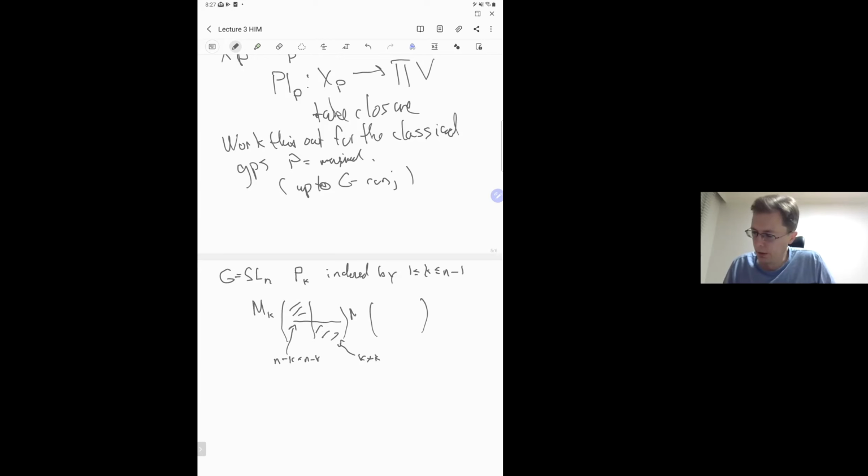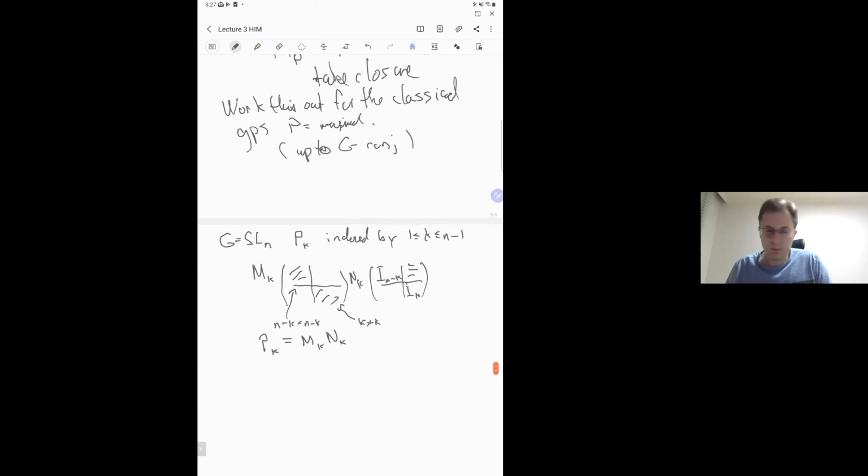And then my N_k is everything that's got junk up in the top right corner. And then P_k, as always, is M_k N_k. The fancy way of saying it is N_k is the unipotent radical of this thing, and then M_k is sort of a complement to it that's reductive.